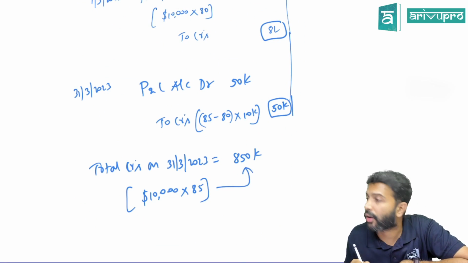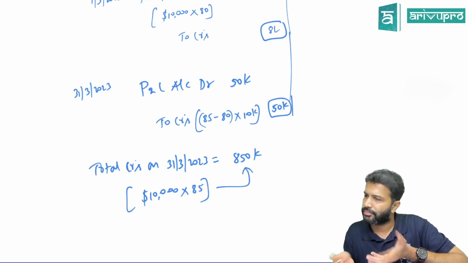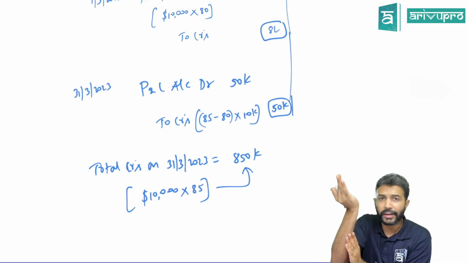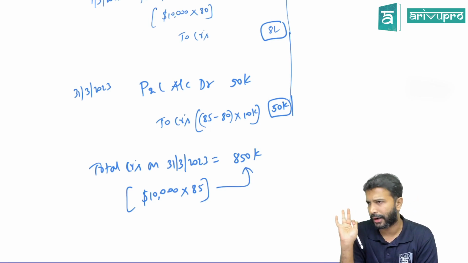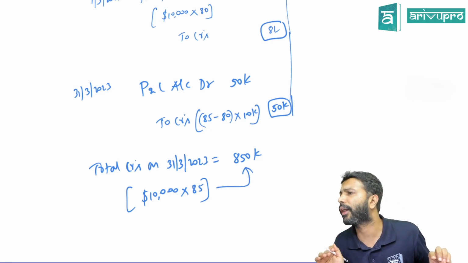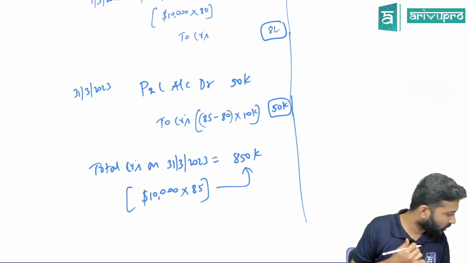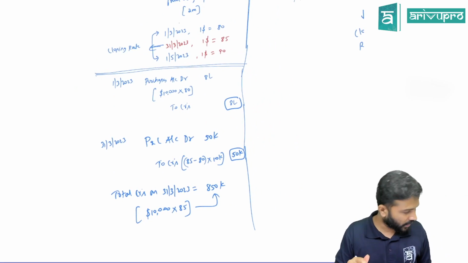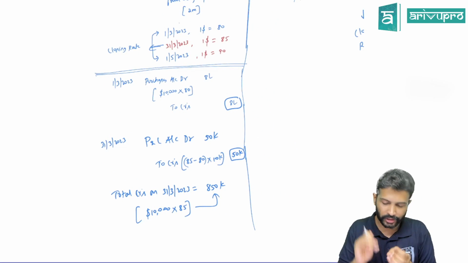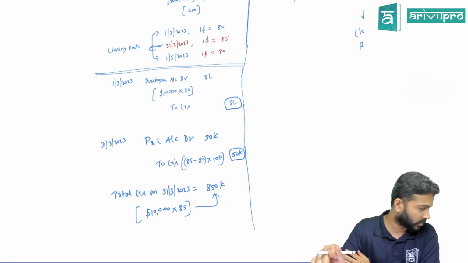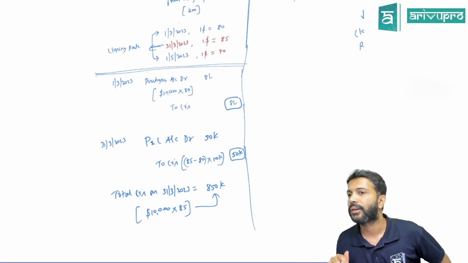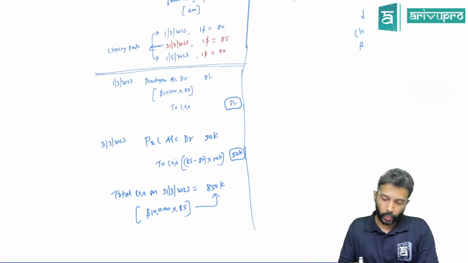How much value are you already getting? 8,50,000. That's it. It could increase or it could reduce. Doesn't matter. You have to go on passing the entry. People good enough? Got it, sir? We have another 3 problems also. Don't worry. Just to explain the concept, I'm taking these numbers. Got it now? Okay.